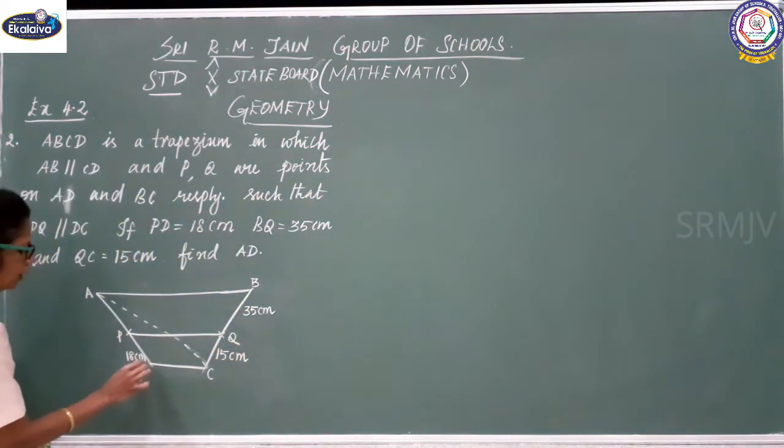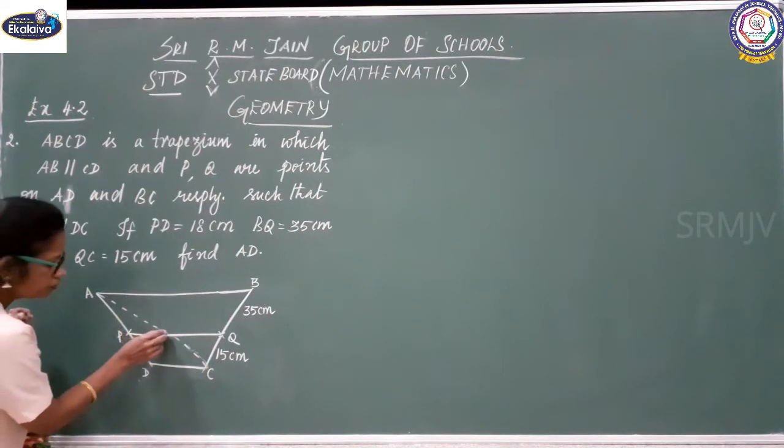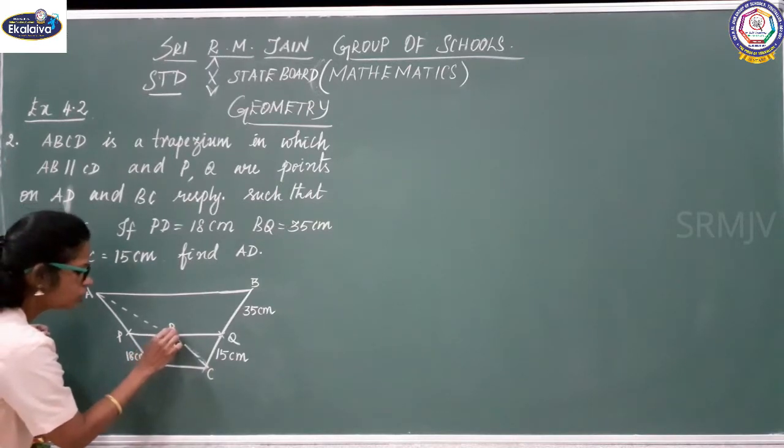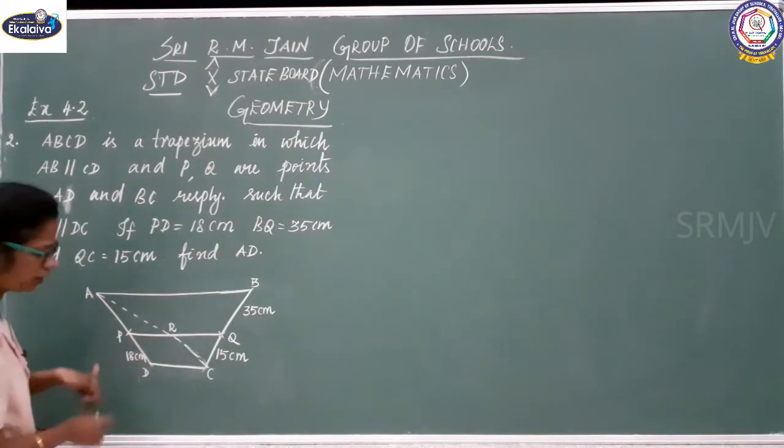Here you see, in triangle ACD, the diagonal meets PQ at R. They have given already PQ is parallel to DC.